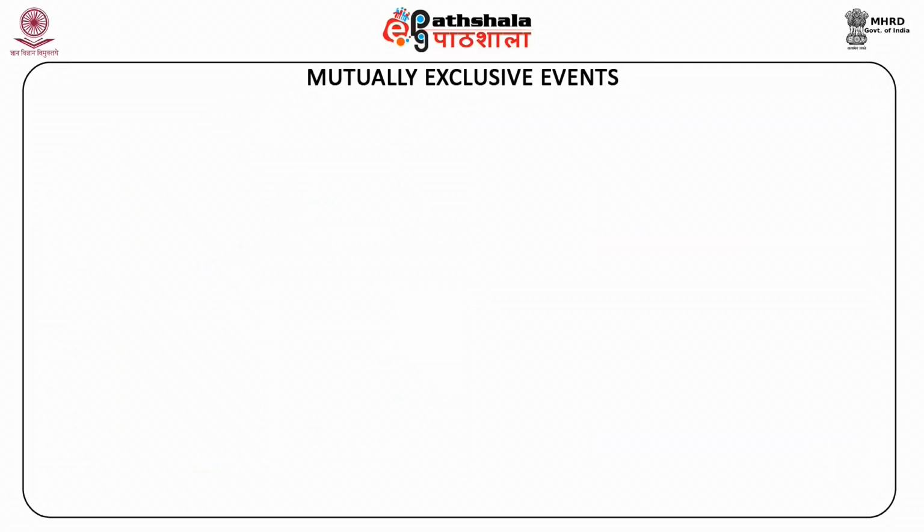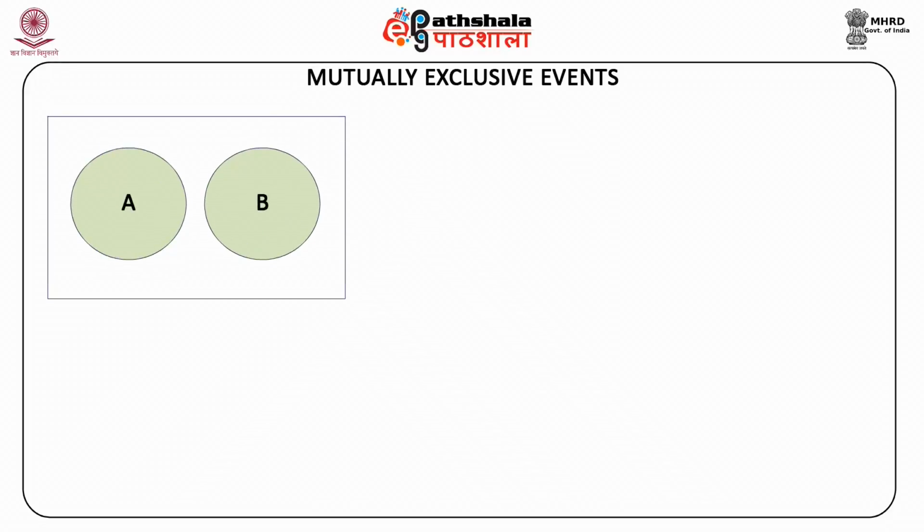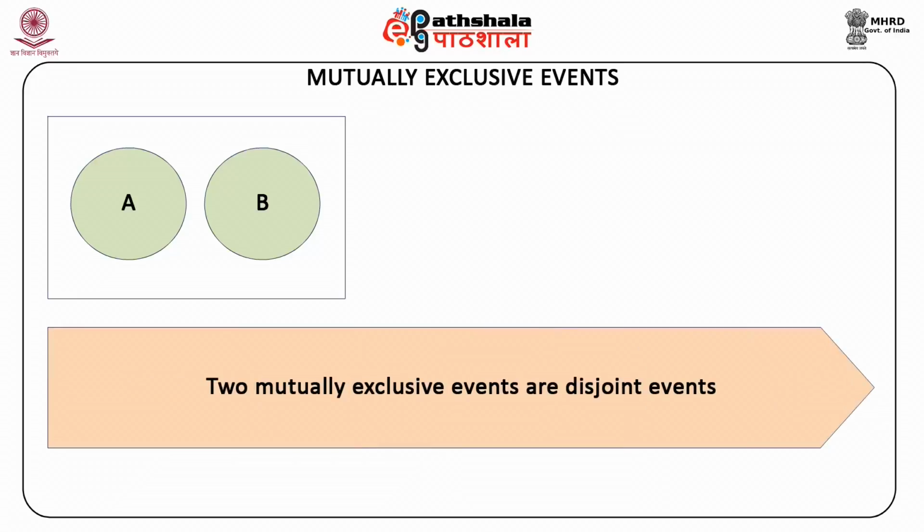Moving on to mutually exclusive events. If two events A and B are mutually exclusive, then according to the addition rule, the probability that A or B will occur is the sum of each event, because two mutually exclusive events are disjoint events and the occurrence of one precludes the occurrence of the other.